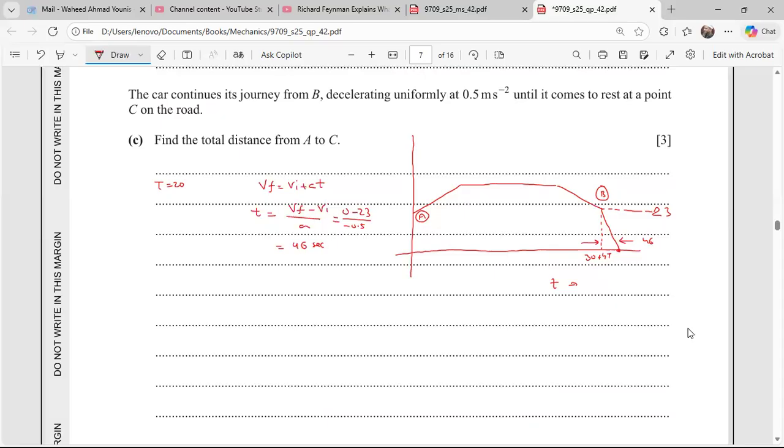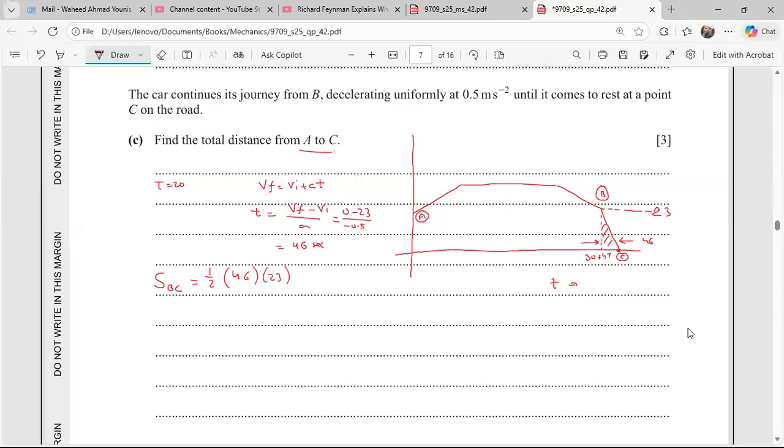So I need to find the total distance. The car continues its journey from B until rest. Find the total distance from A to C. I already know the distance from A to B, which is given as 2750. So I just need to find the distance from B to C. Okay, this is point C. The distance BC is the area of this triangle. This triangle is half, and the base is 46 into height, which is 23.